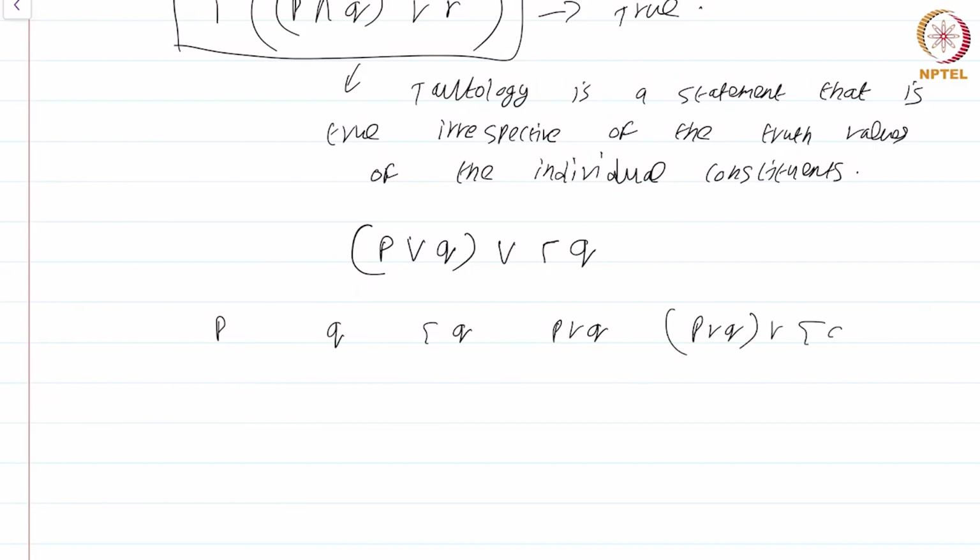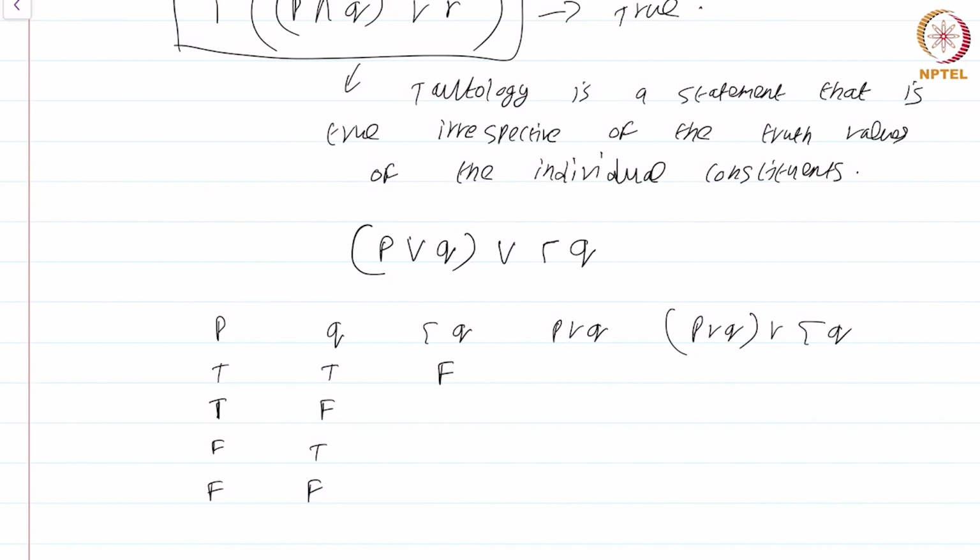In the first two columns, I have enumerated all the possible combinations of truth values for P and Q. Now I can compute what negation Q is. If Q is true, negation Q is false.